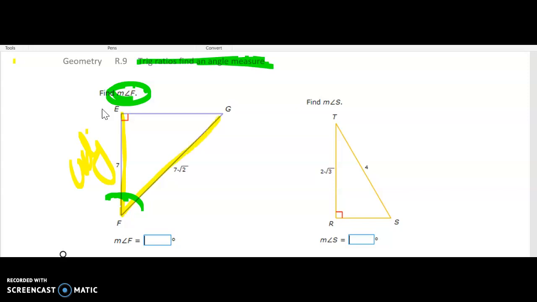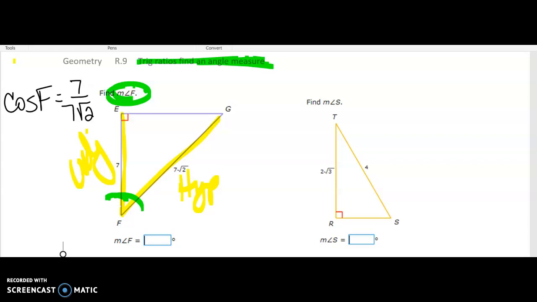And we have this side, and what is it to F? It's the hypotenuse. And what has adjacent to hypotenuse? Cosine. So we're looking for cosine of F, and cosine is adjacent over hypotenuse, so 7 over 7 square root 2. All right, well that doesn't give F by itself.